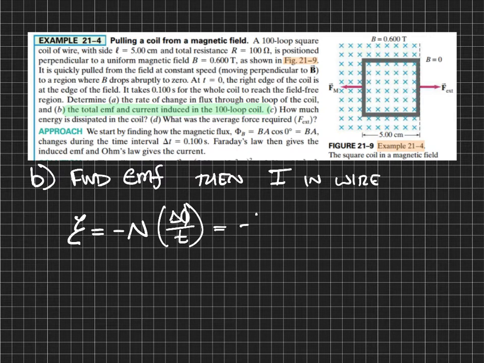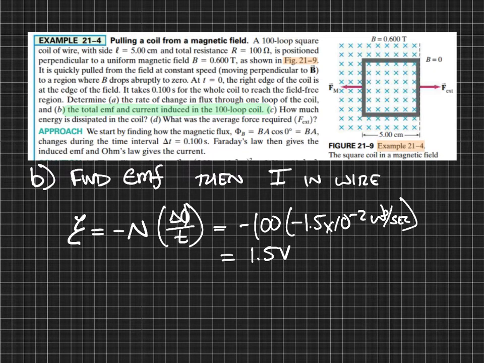We have negative 100 times negative 1.5 times 10 to the negative 2 Webers per second. And so my EMF is going to be 1.5 volts. So I'm going to have 1.5 volts pushing the electrons around that.